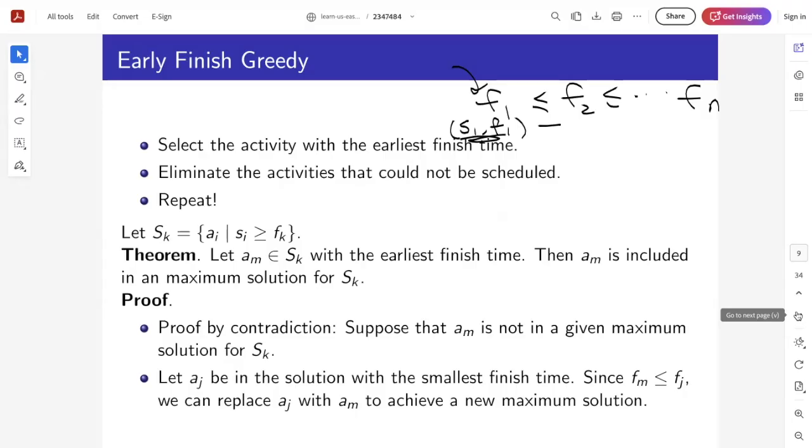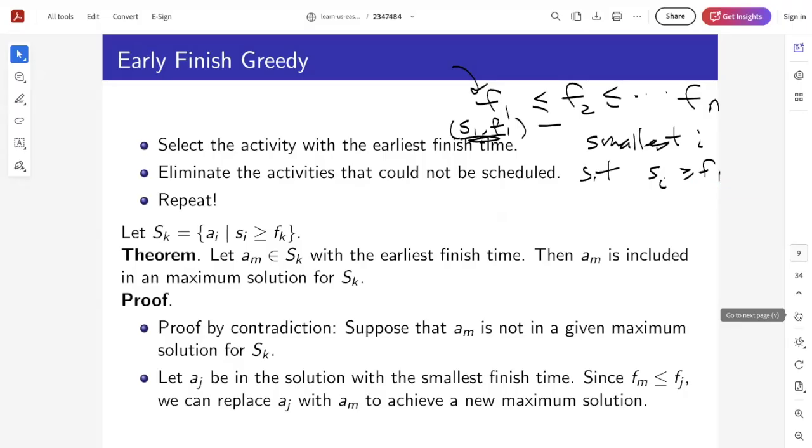That means we find the first, or the smallest, index, let's call it i, such that Si is greater than or equal to F1.